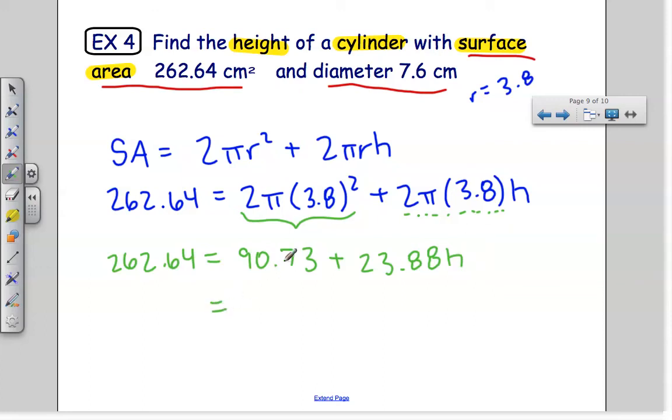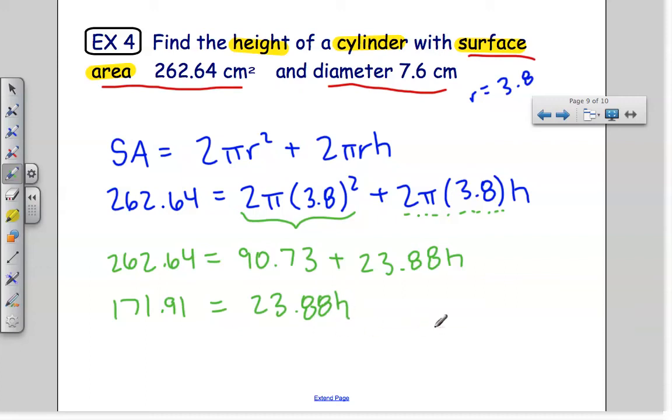Okay, I'm solving for h. So I'm going to subtract 90.73 to get rid of it here. I'm going to do 262.64 minus 90.73. I get 171.91. This term was gone, equals the 23.88h. Whew, and now divide by 23.88.